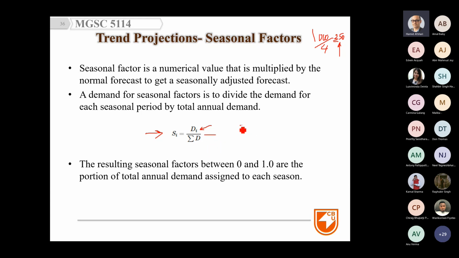For example, S1, the seasonal factor of season number 1, let's consider this is spring. It is the demand of spring divided by the demand of the entire year, which is demand of spring plus demand of summer plus demand of fall plus demand of winter.